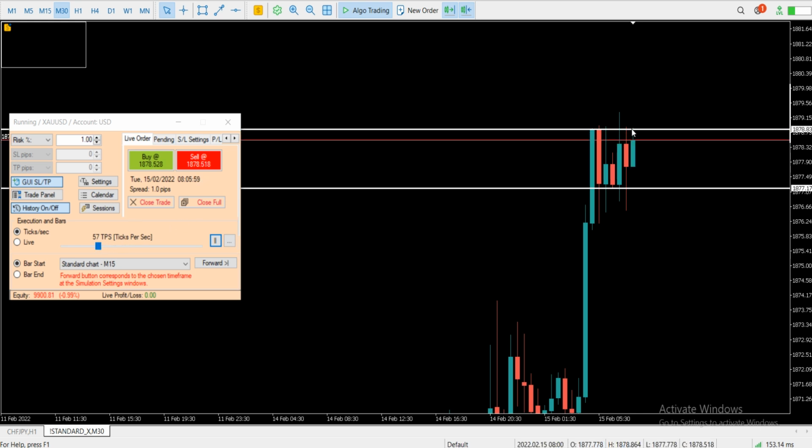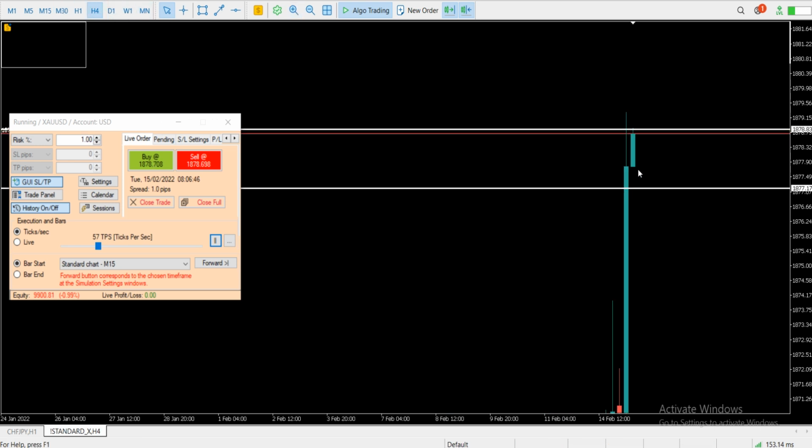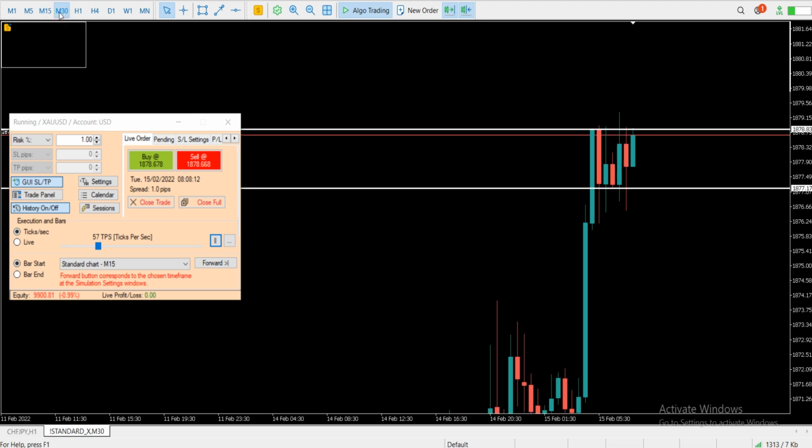Now it seems like this candle will break the high and push up, but the problem is the 4-hour candle started just now. It hasn't created a bottom wick, so we don't know what is going to happen. The chance is it should go down to at least create a bottom wick of the 4-hour and then continue pushing up, right? So speed it up a little bit.